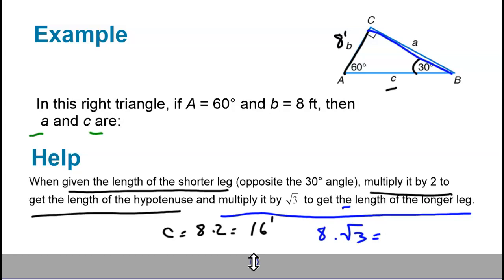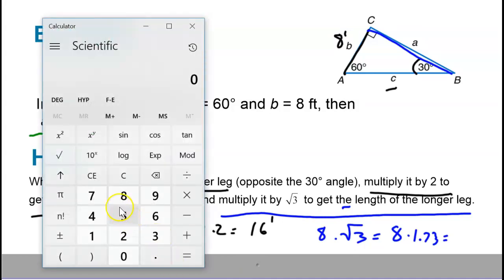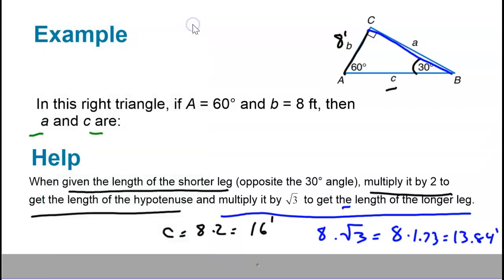Again, remember that was about 1.73. So 8 times 1.73 gets us 13.84 feet.